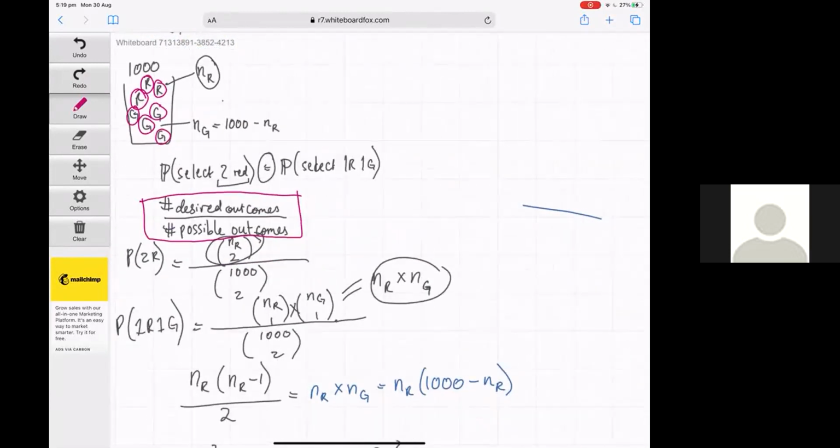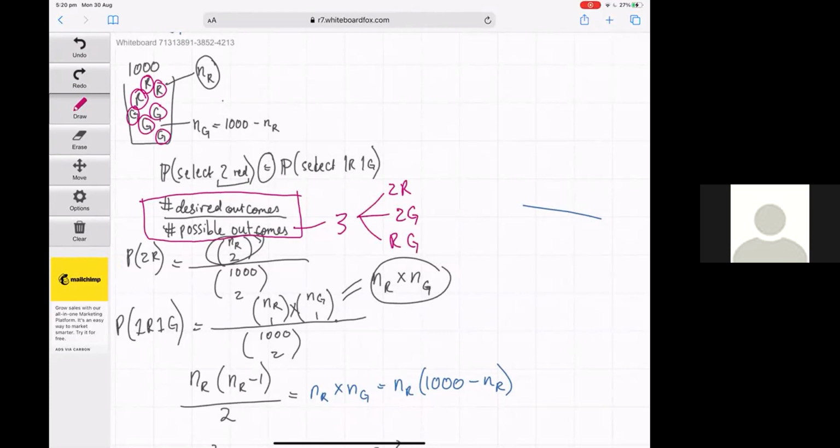So it's a little bit strange that on our number of possible outcomes, maybe people might be tempted to write, there's only 3 of those, and those are the 2 reds, the 2 greens, and 1 red and 1 green.